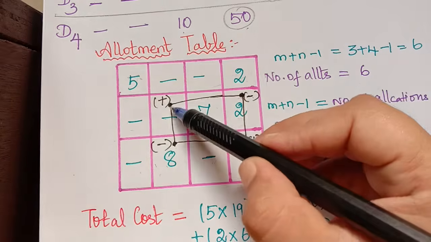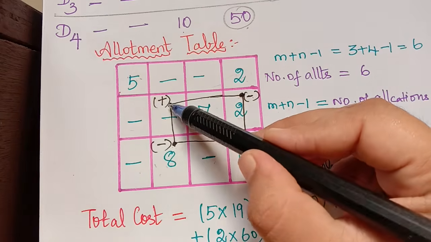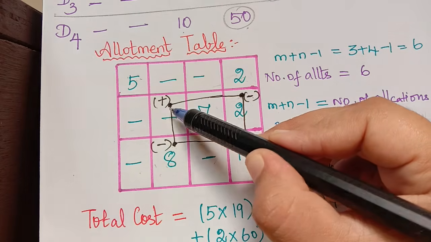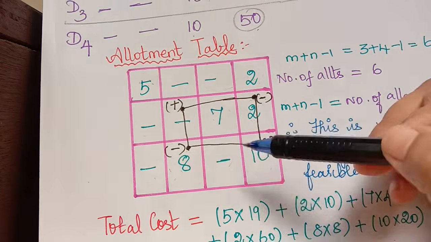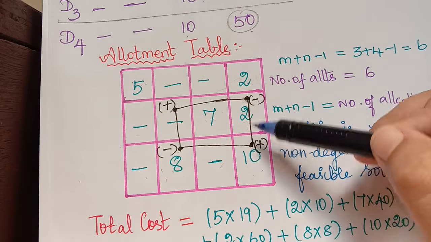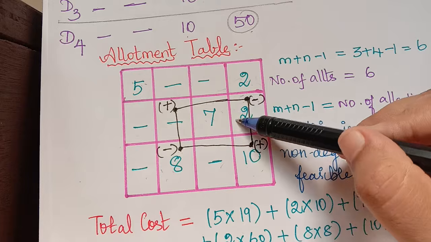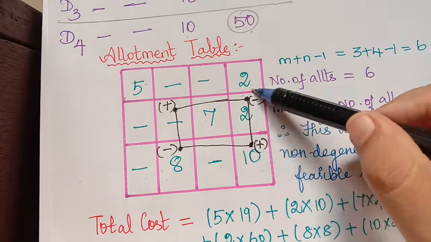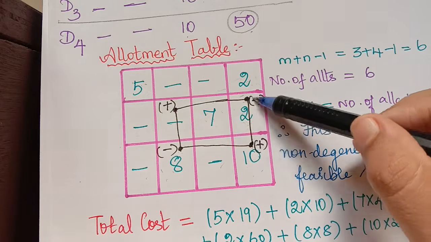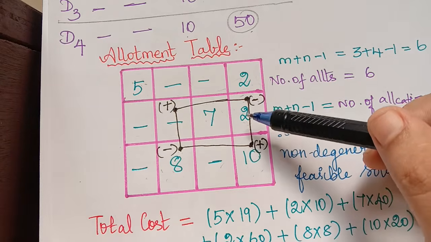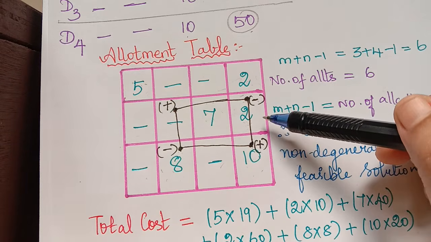And at these points, for example, here we have a plus sign, so at this point we have to add it. Here we have to subtract, here we have to add that 2, and the cell from which we choose the least value has to be hyphenated. So remember this and form a new allotment table.